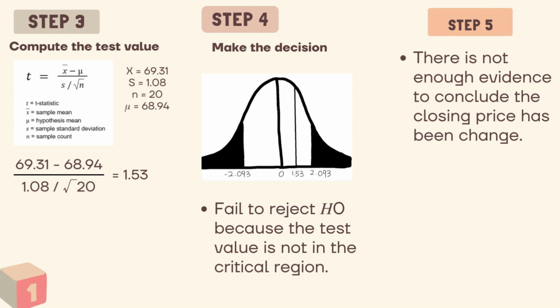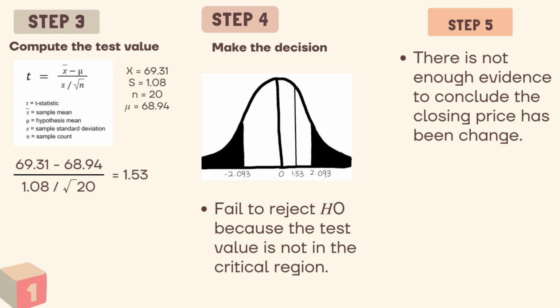The formula for the t-test is t equals x bar minus mu over standard deviation over square root of n. The value of x bar equals 69.31, standard deviation equals 1.08, n equals 20, mu equals 68.94. So we substitute the values into the formula, and we get the test value of 1.53.